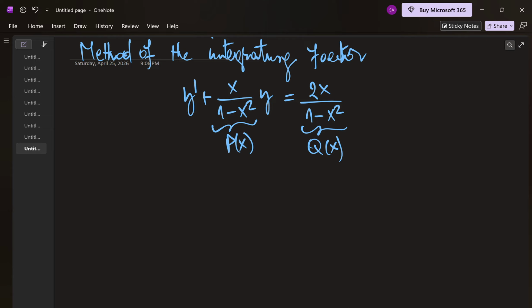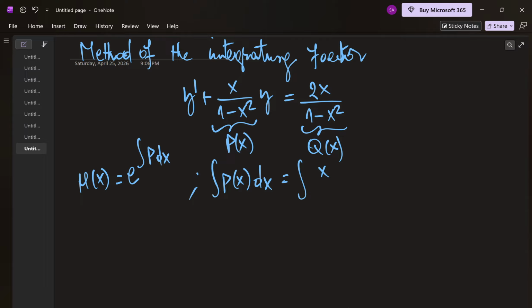First of all, the integrating factor u is actually the exponential of the integral of p(x). So you calculate the integral of p(x) dx, which is this part, the integral of x over 1 minus x squared dx. And this is actually very easy to compute.